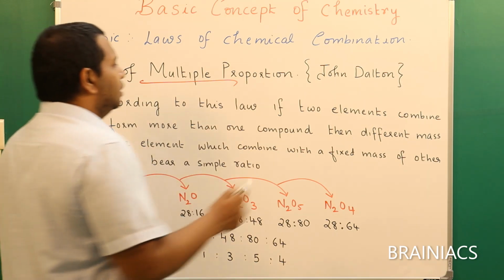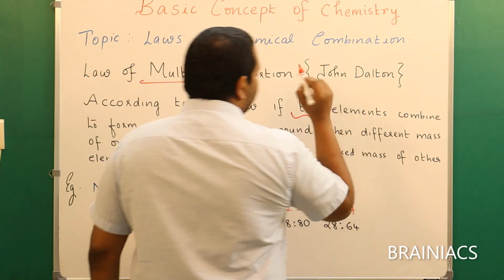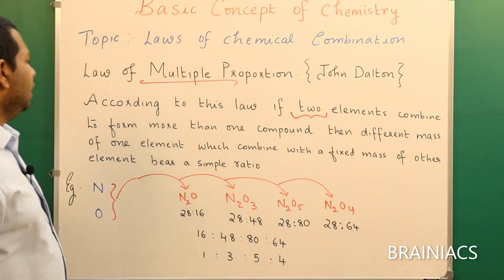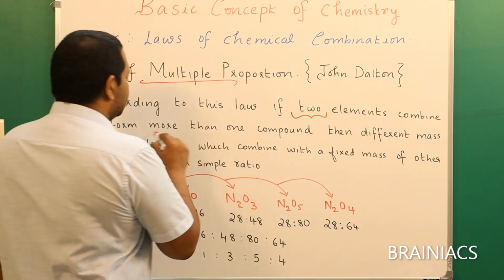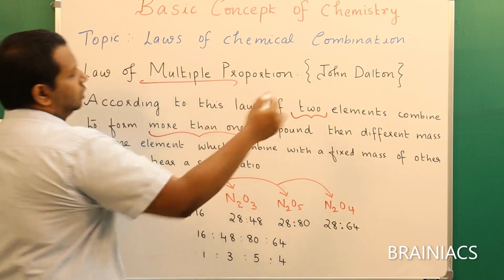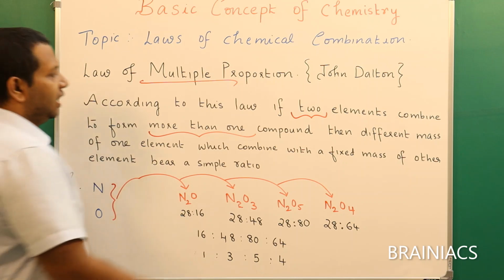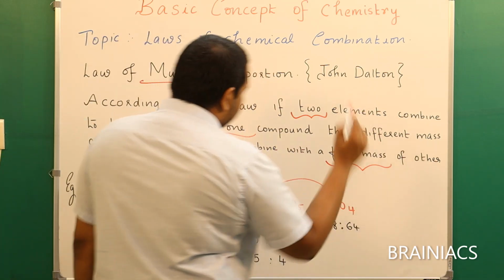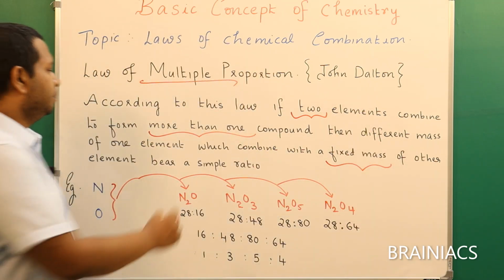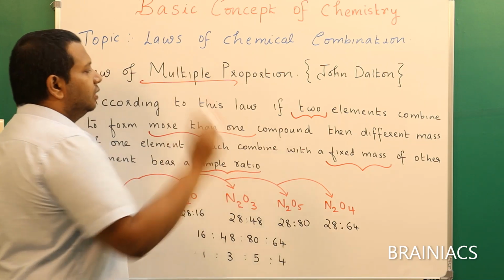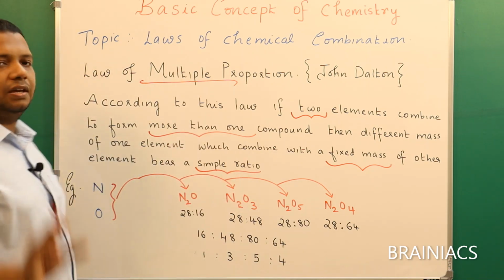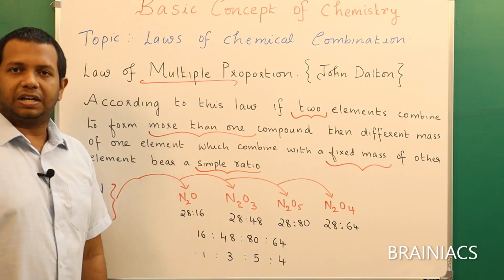First, very important: if two elements combine to form more than one compound, then the different masses of one element which combine with a fixed mass of the other element bear a simple ratio. These are the main points. Now if you see an example, you will understand clearly.